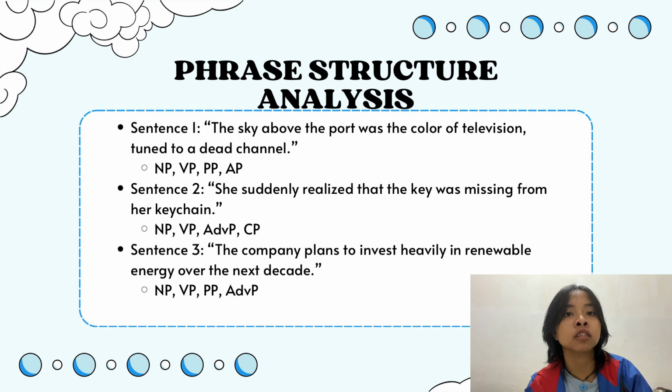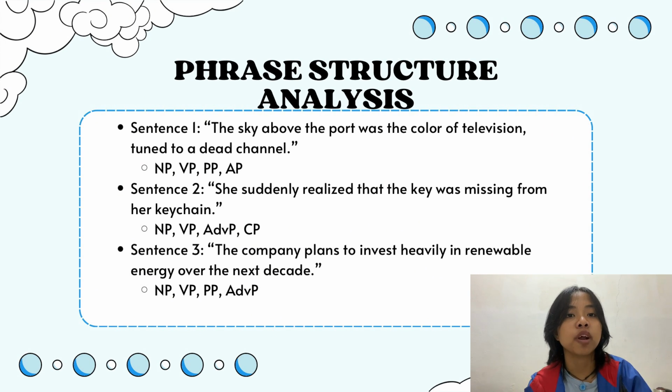In the first sentence it says, "The sky above the port was the color of television tuned to a dead channel." The constituent analysis is: NP subject, which is the sky above the port, contains a smaller NP, the sky, and PP above the port.